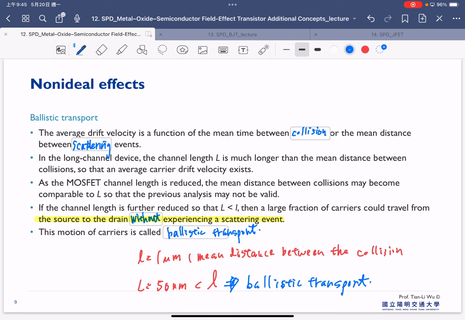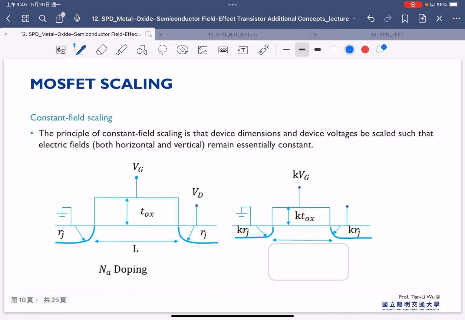And the next one we will discuss is related to scaling. As you know, for semiconductor devices, if we try to push for advanced technology nodes, one of the targets is scaling. However, when we talk about scaling, there are different definitions.